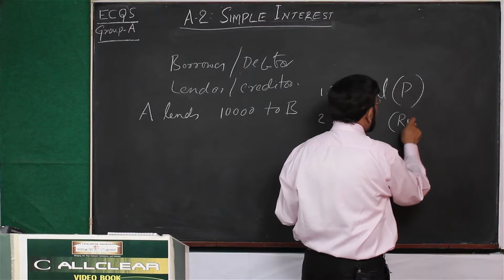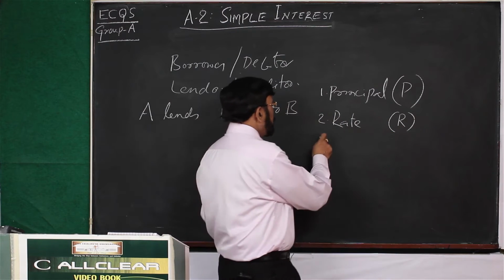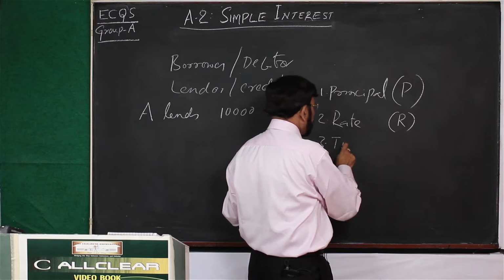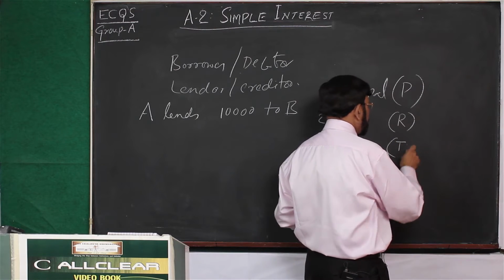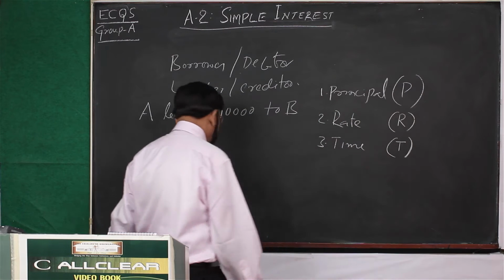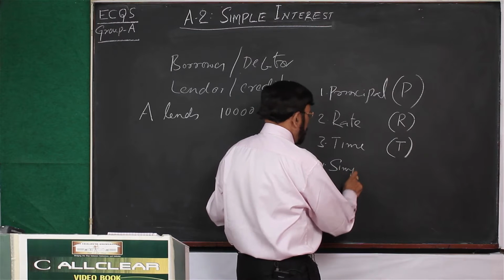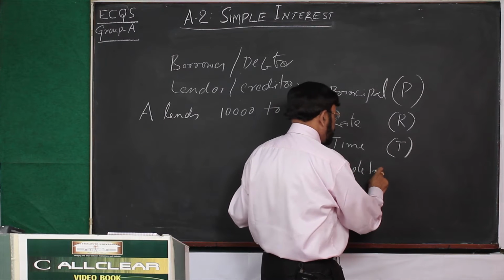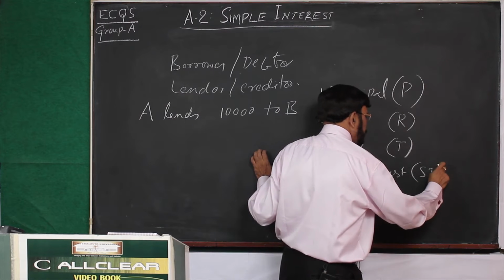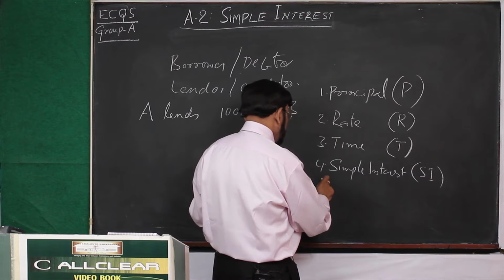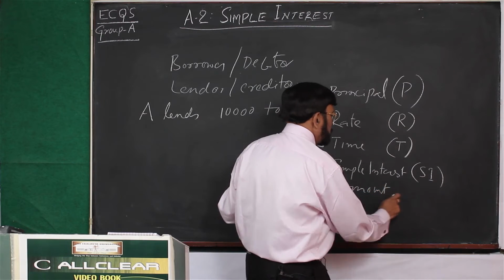We represent it as R. R represents rate of interest. The third one is time. This T represents time. Thereafter, the fourth one is simple interest. This is SI. And the fifth one is amount. This is A.